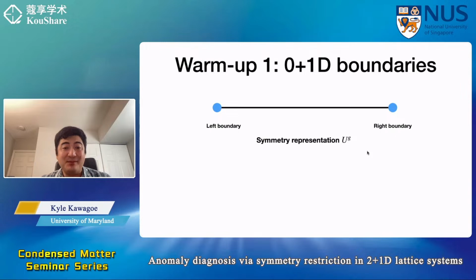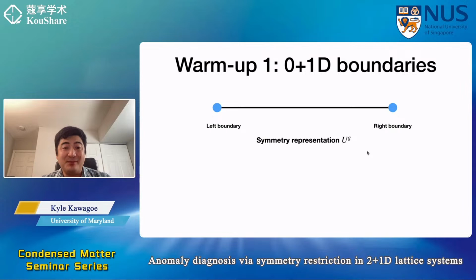acts as a unitary operator. Okay, so because this is a representation, U_g times U_h gives the operator U_gh.